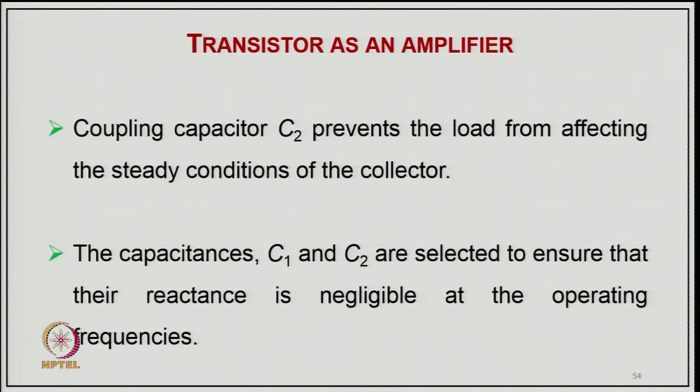The capacitances C1 and C2 are selected to ensure the reactance is negligible at the operating frequency, meaning they do not take much drop at the operating frequency. They are supposed to only block the DC, but the AC they will not block. So their reactance should be almost negligible, or very small, as far as the AC signal is concerned.